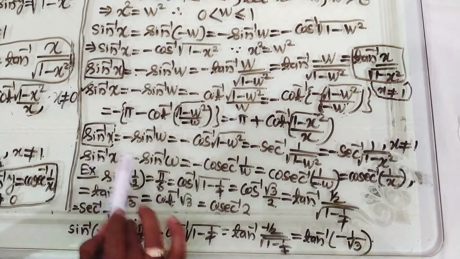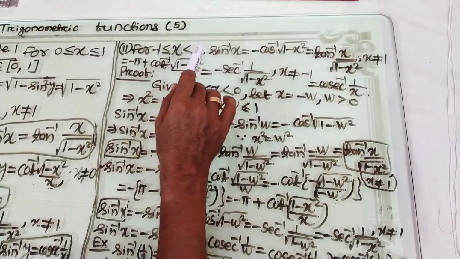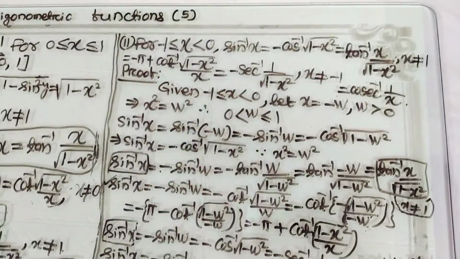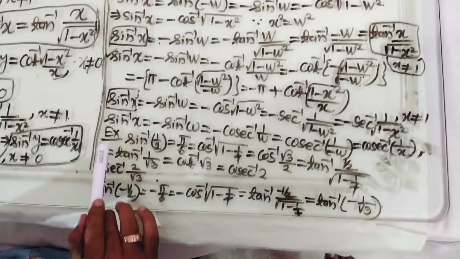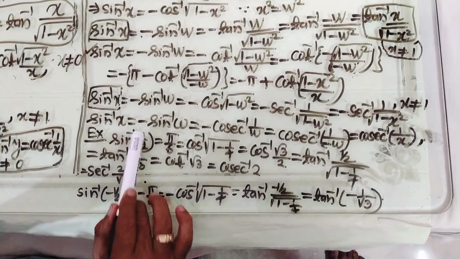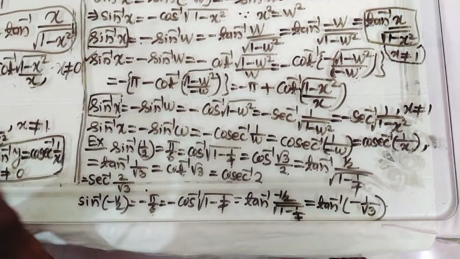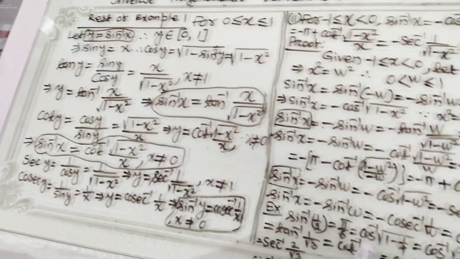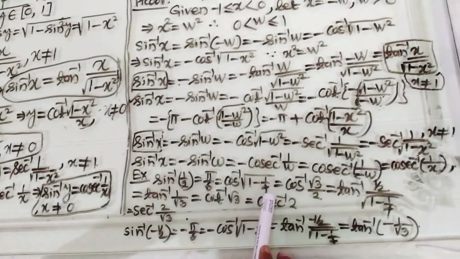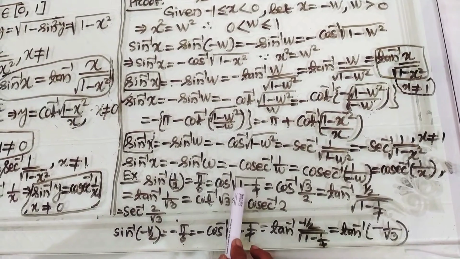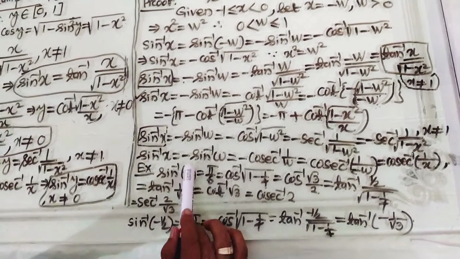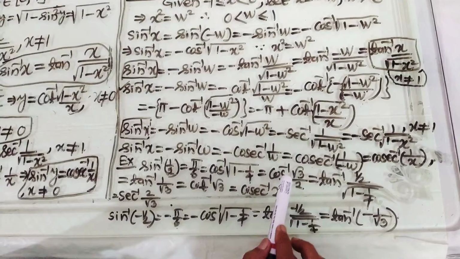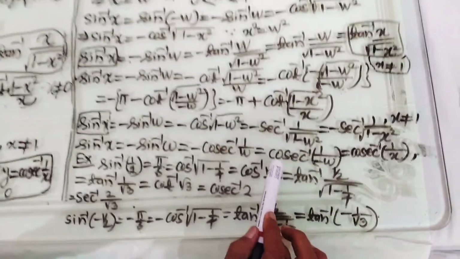So we have converted sin inverse to different forms when x is less than 0 and greater than or equal to minus 1. By the example you see here, sin inverse half is positive, so we will take the first part of the formula, that is cos inverse root over of 1 minus x square, that is cos inverse root over 1 minus 1 by 4, x is 1 by 2, which is equal to cos inverse root 3 by 2.